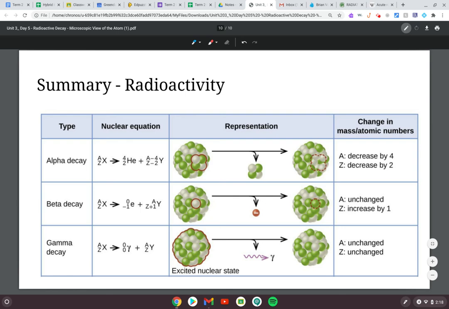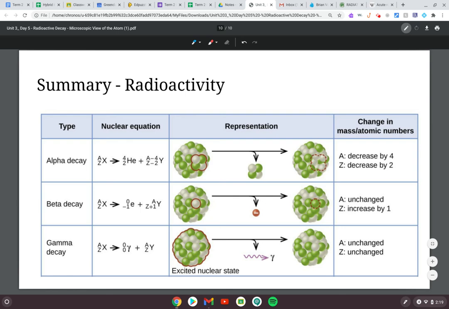Beta decay is the emission of an electron, but in the process a neutron is being changed into a proton. So the atomic number, the Z number, will go up by 1, but the mass number will stay the same.